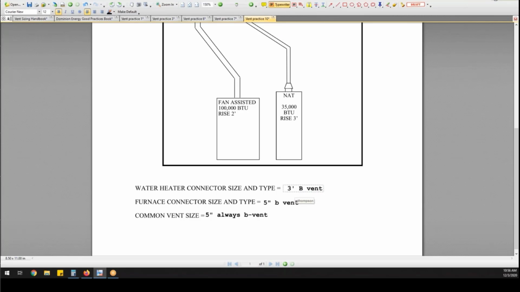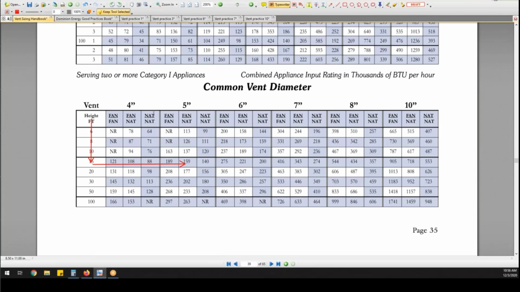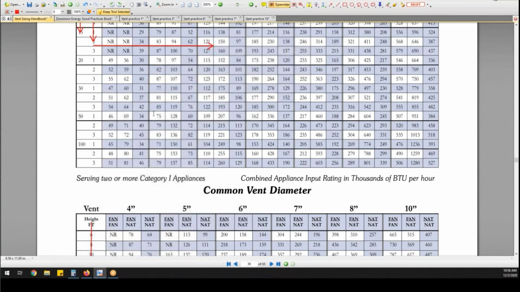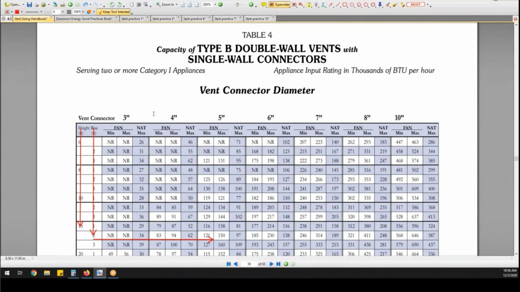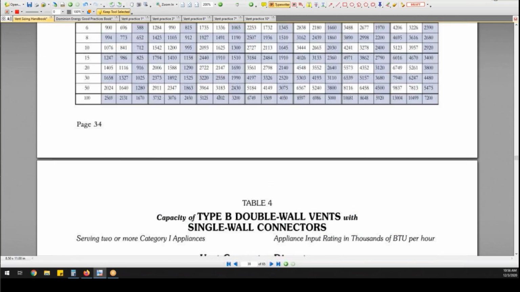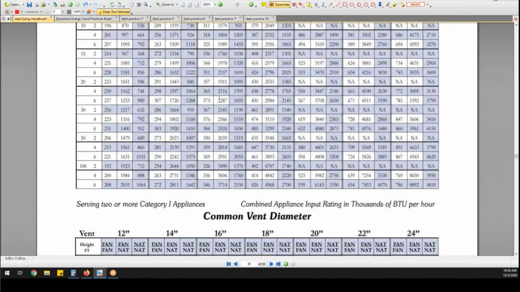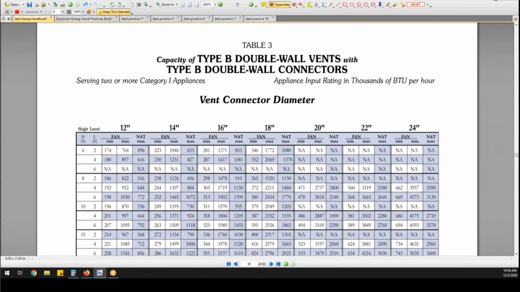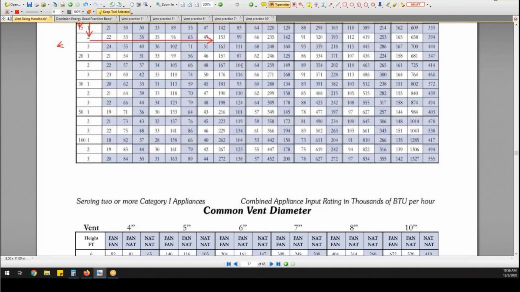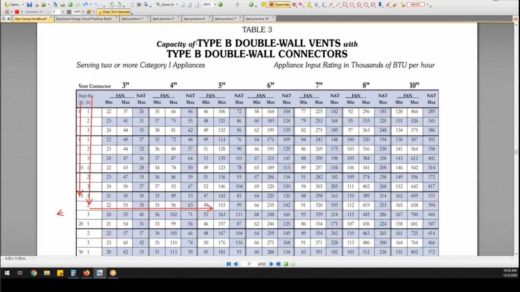So now I've got B vent and B vent. I go to size my common vent. I need to now go back up because everything in the system is B vent. Go back up to my, everything in the system is now B vent chart. Okay. So everything is B vent.